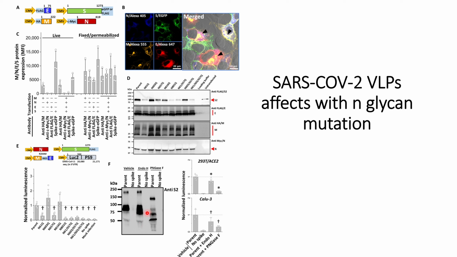Next, when they treated the cells with PNGase F, they could see a wide broadening of the signal, and the faintness of the signals indicates that spike protein production might have been reduced because of the cleavage of glycans from the spike proteins.